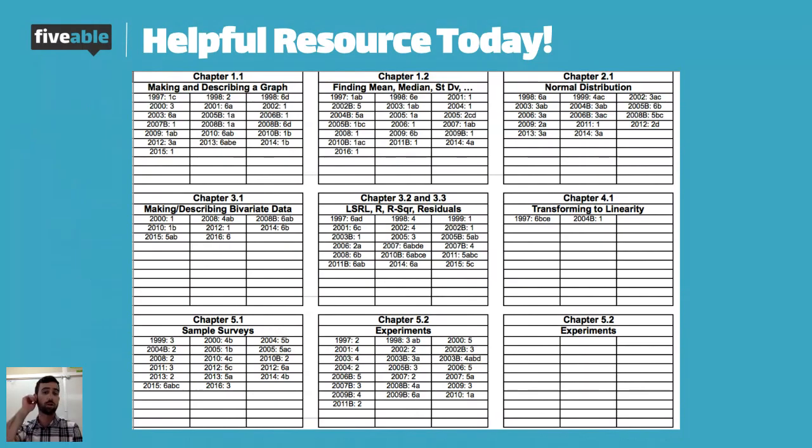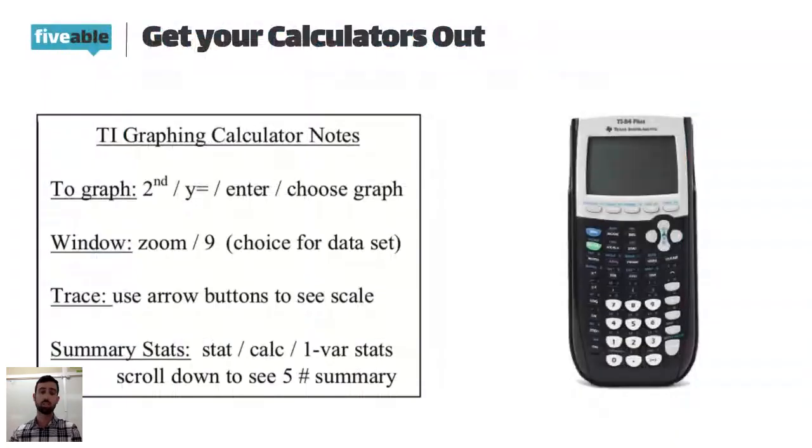All right, so get out your calculators. Now is the time. We're going to be using these a lot. And we're going to focus on 4 main topics with our calculator. So the first is how do we actually graph using the calculator? I broke down all the different buttons you're going to have to press. And then you're going to have to zoom in on your statistics.